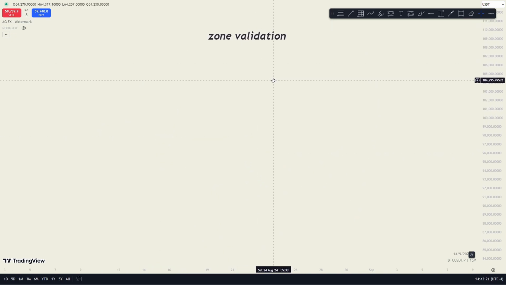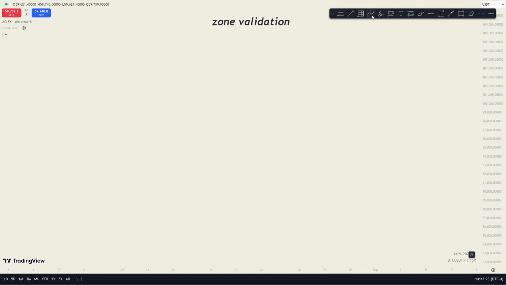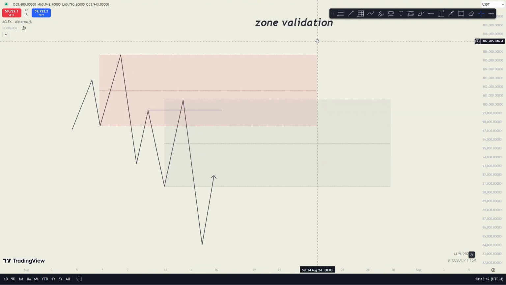So right now we're going to talk about zone validation, because obviously there are many zones and few work out. The simplest way to identify a highly probable zone that's going to give you a one-to-one trade is to look for fail to close. What do I mean by fail to close? I taught it in a previous lesson. So the easiest way to find valid zones is to look for fail to close zones.